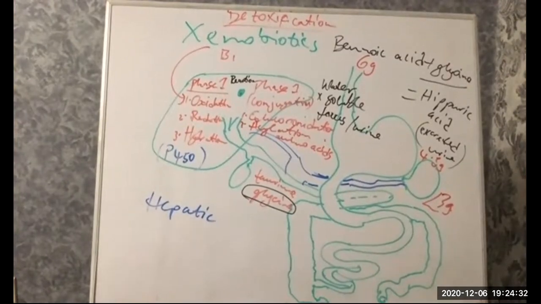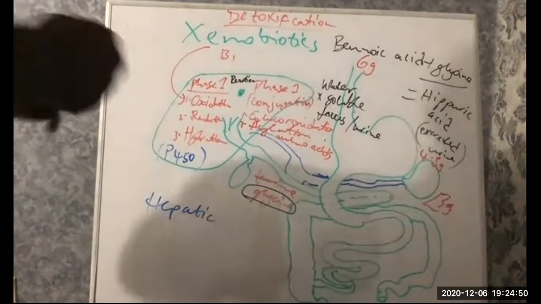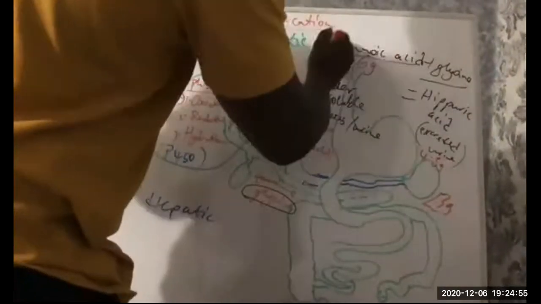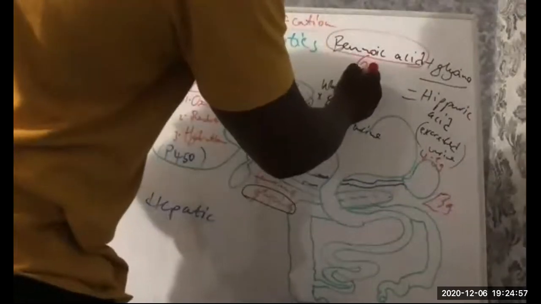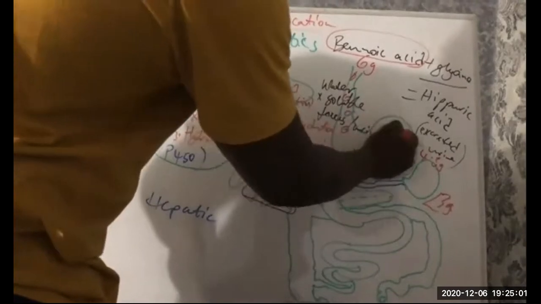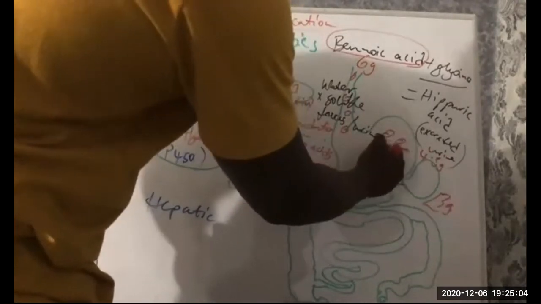So we spoke about the... Dr. Mo. Yes, sir. Please, the last part, can you explain it again? Which part? That is the 6 grams, then that of the 3 grams of the hippuric acid that you talk about. So I said that you take in 6 grams of this benzoic acid with water, early in the morning, 2 hours after a light breakfast.